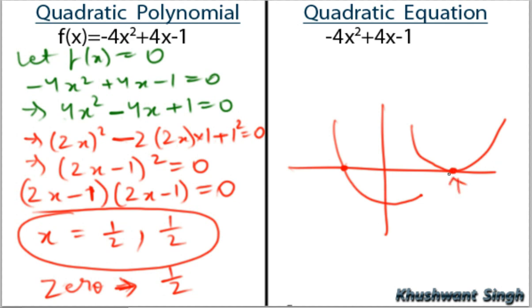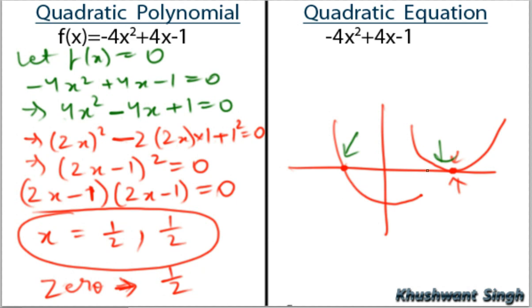So it is actually touching, if you see by your eyes, just once. Here also you will say that it is touching just once. You won't say that it is crossing or touching at this point two times. Here also just once, right? So zero is only one.